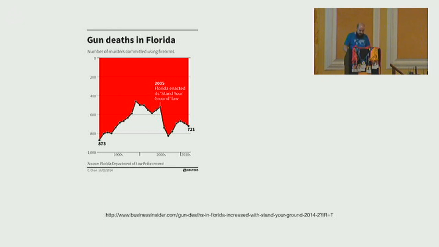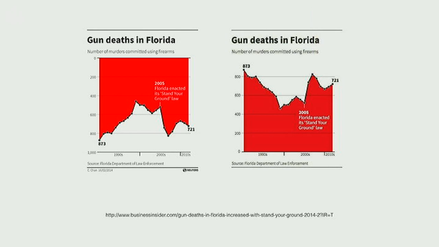And they showcase that basically when they introduce the law, it looks like the graph of gun violence is going down. For some reason, though, the y-axis is kind of upside down. So reality is literally upside down. Okay. So they showcase the graph, but the y-axis was going down instead of going up. So when you flip the chart, that's on the right-hand side, that's the correct version. It shows a completely different story.